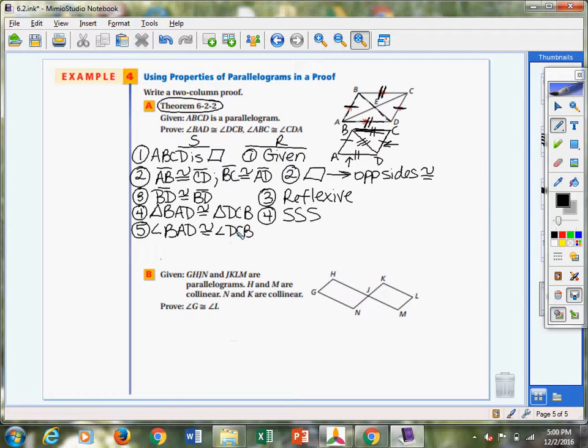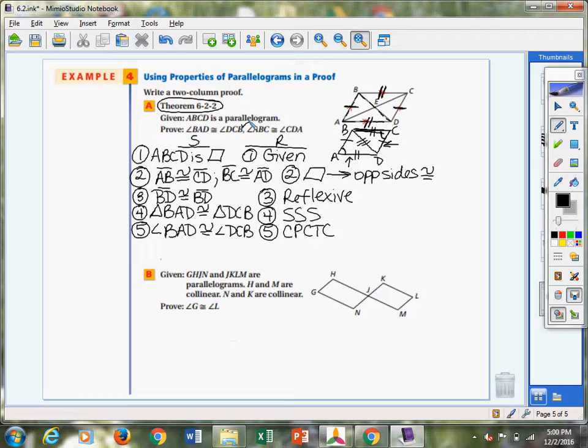Okay, so in my figure, here's BAD, here's DCB, and we can say that those are congruent because of cupcake, CPCTC, corresponding parts of congruent triangles are congruent. So we're able to say that. So I've got the first part of this done, kind of put a little check mark there.